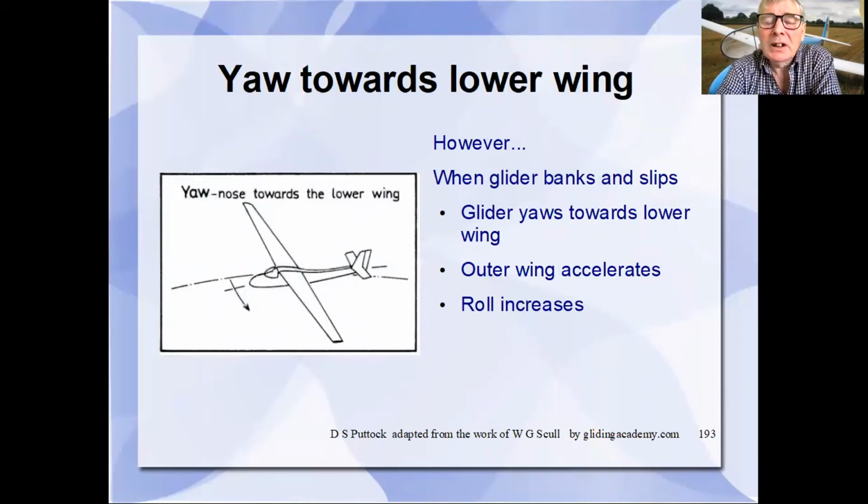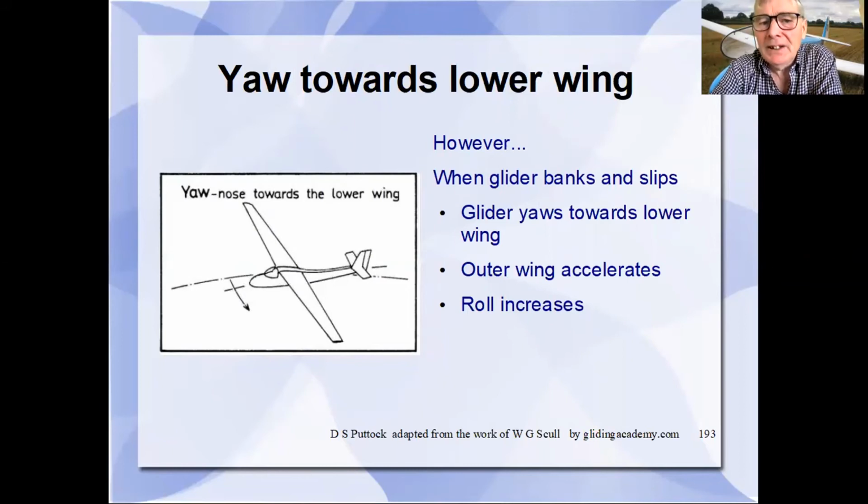However, when a glider banks and slips, the glider also yaws towards the lower wing. So if you picture this, if you roll the glider with the ailerons without any rudder at all, the first thing that you'll see is adverse yaw. The nose will swing in the opposite direction.